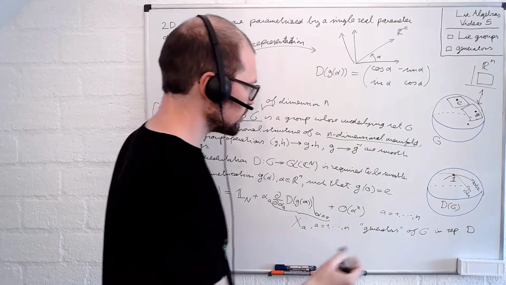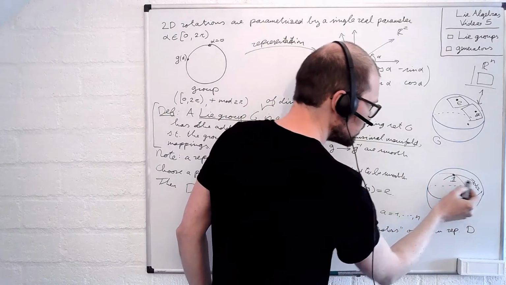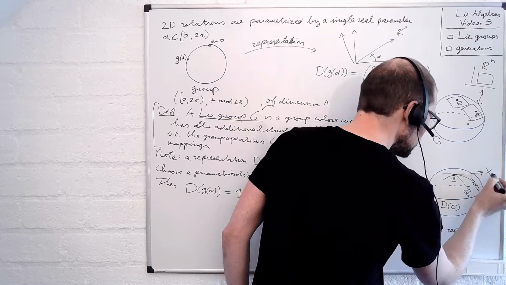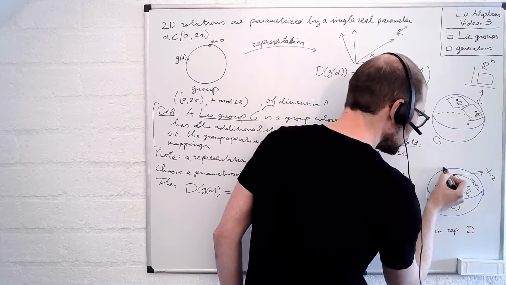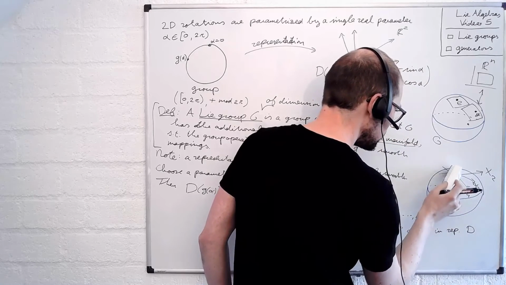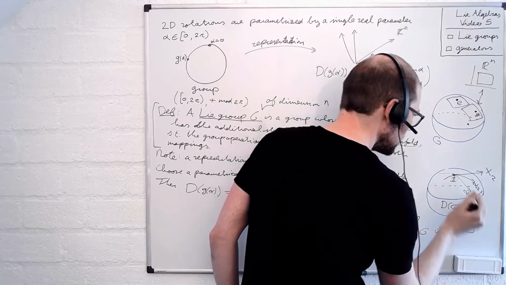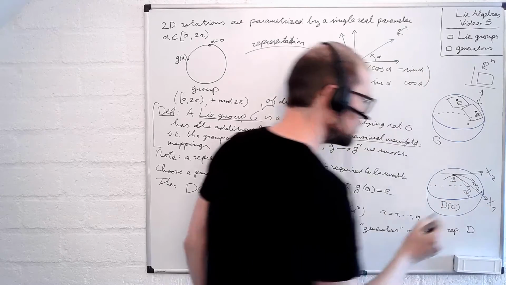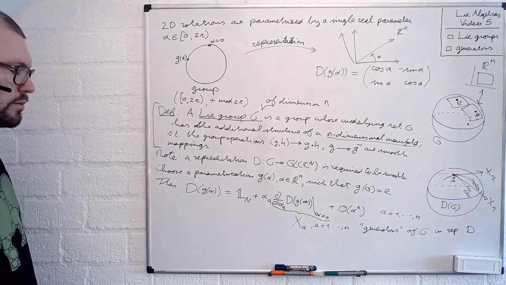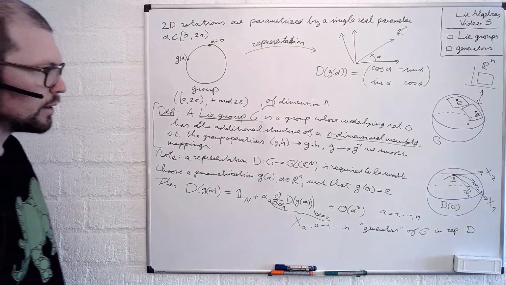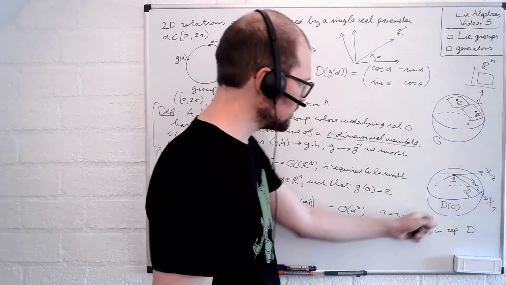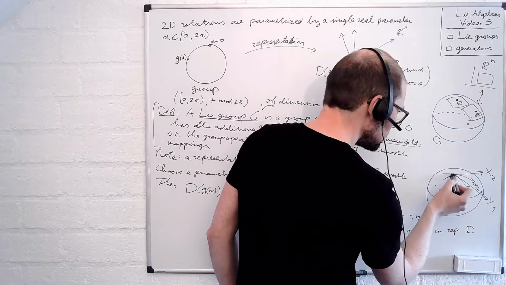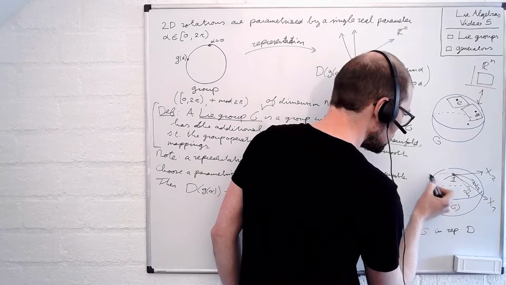Then these generators really correspond to the tangent vectors to these curves. So I have a tangent vector here, x2, and another tangent vector x1. Together, these two generators span the tangent space at the identity element.